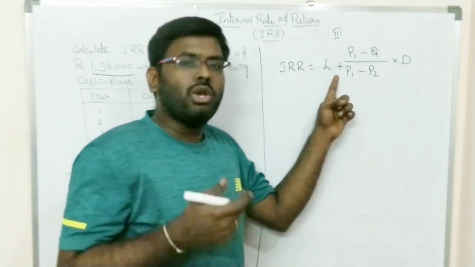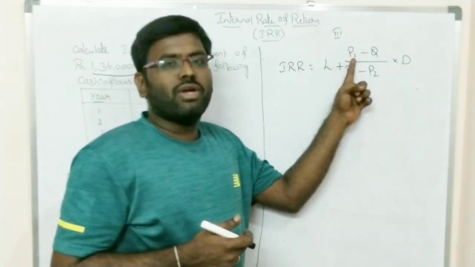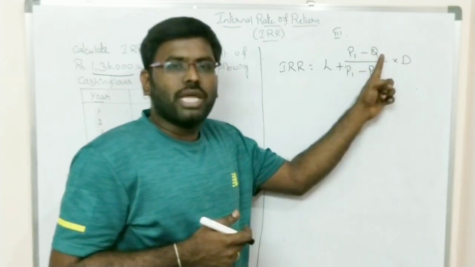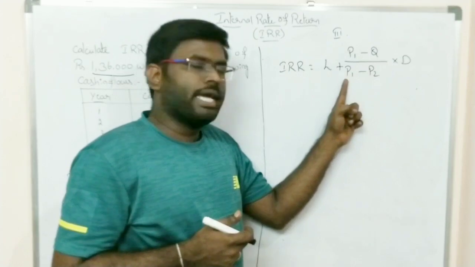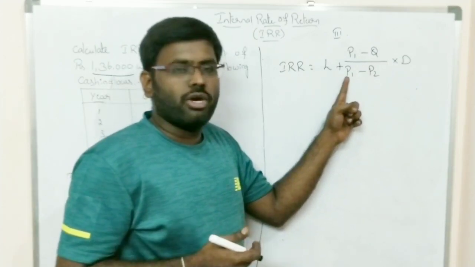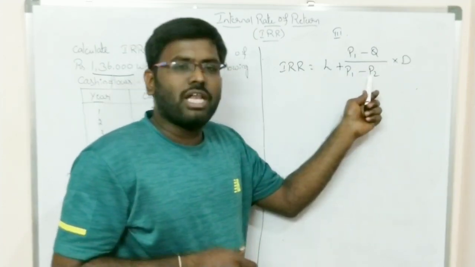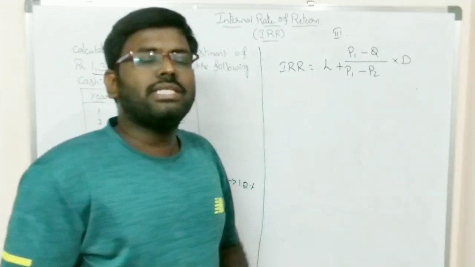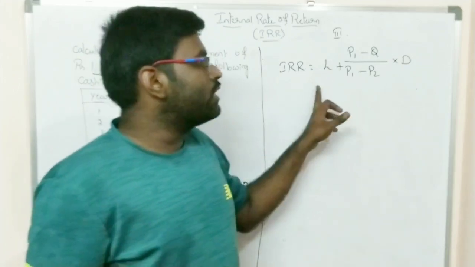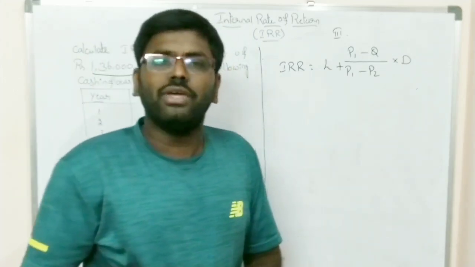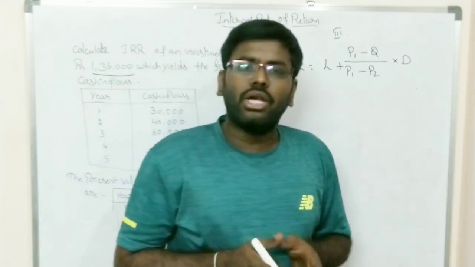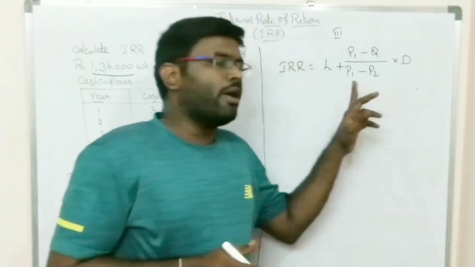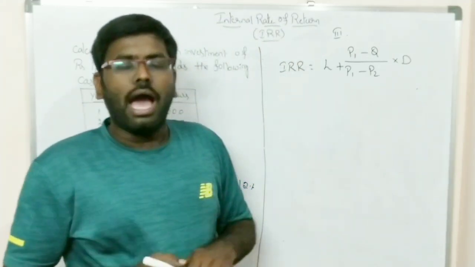P1 stands for the present value of cash inflows at the lower rate, Q stands for the initial investment, P2 is the present value of cash inflows at the higher rate, and D stands for the difference in the rates. So after calculating two NPVs with two different rates, this formula will be used for the calculation of IRR.